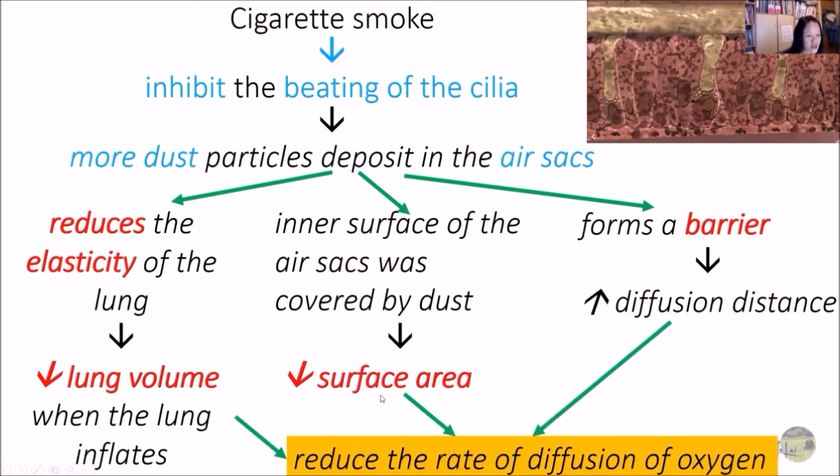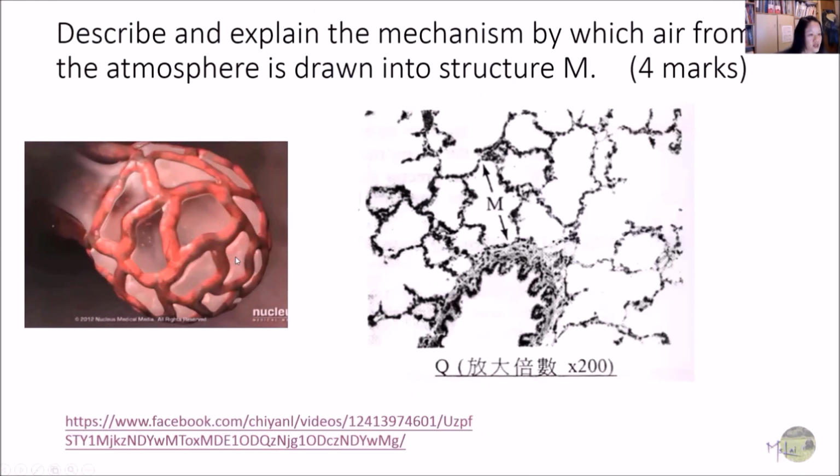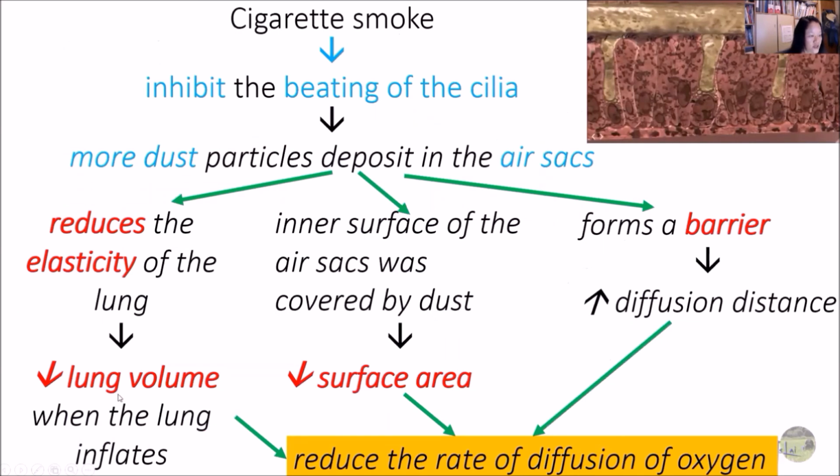Therefore, it cannot expand much. If it is hardened, then it cannot expand a lot. Therefore, it will reduce the lung volume. All these effects will reduce the rate of diffusion of oxygen, and the oxygen level in blood would be reduced.